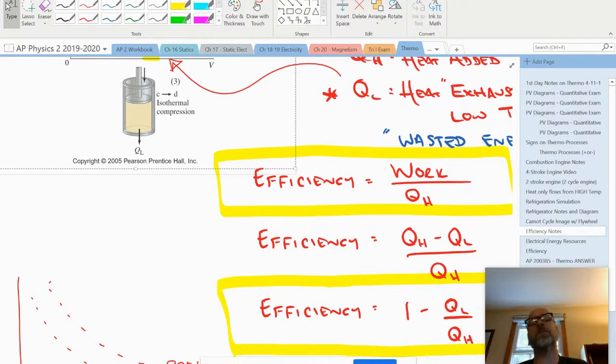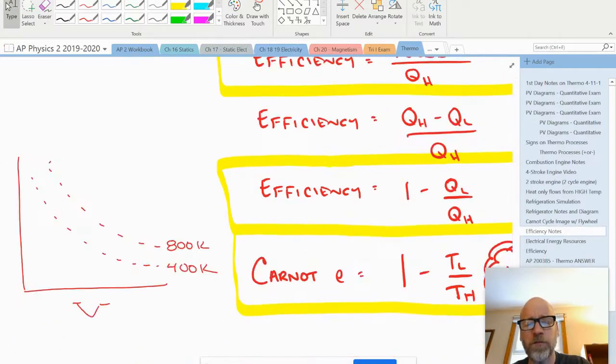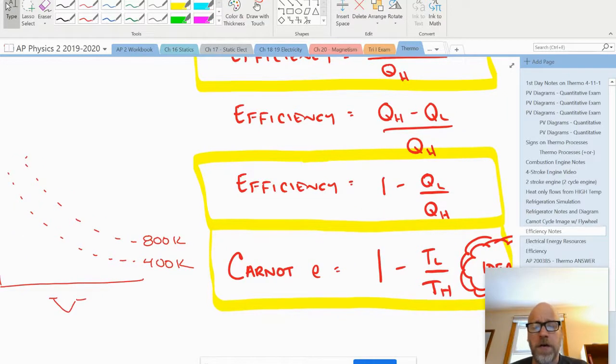But you know what? There's an even better way. And the Carnot cycle gives it to us. The maximum efficiency of a system is dependent upon the temperatures that it runs at high and low. So the Carnot efficiency, the maximum possible efficiency you could ever have, is related to the temperatures. And it's going to be 1 minus temperature low divided by temperature high.